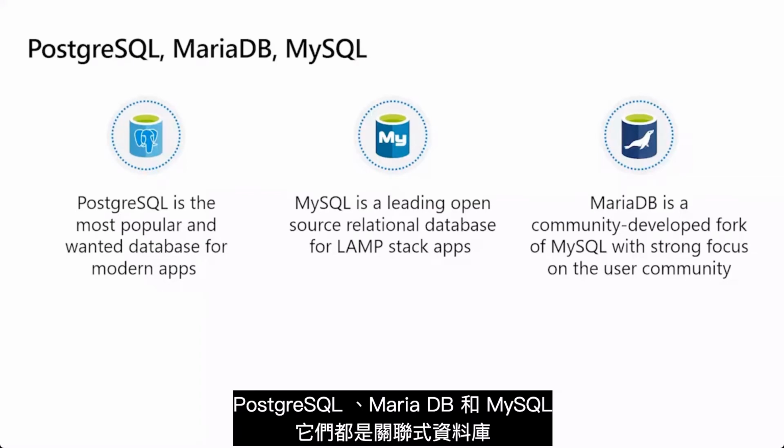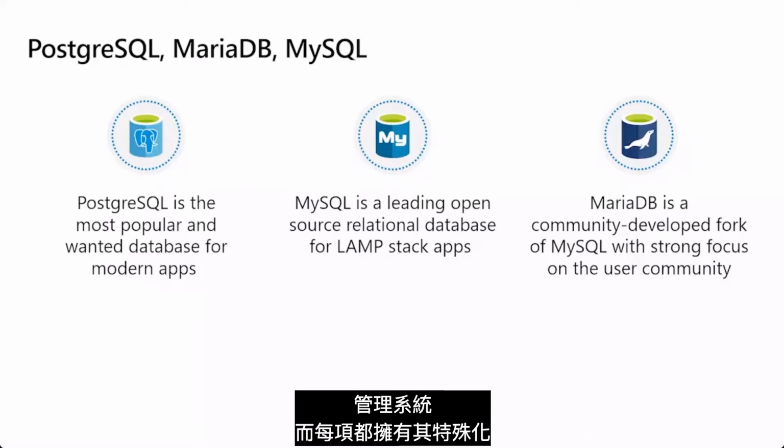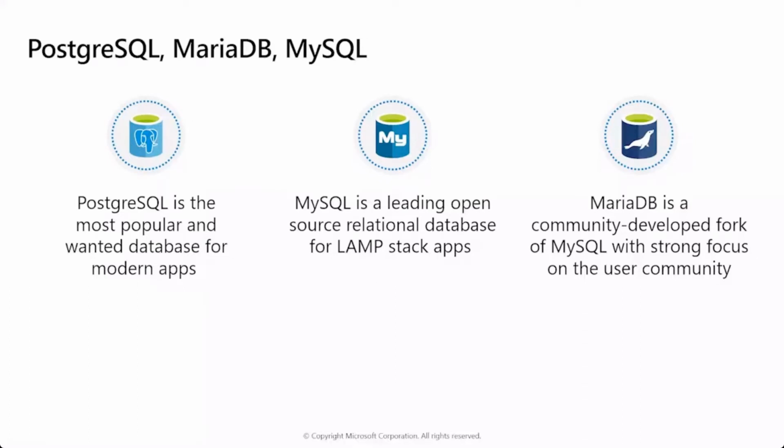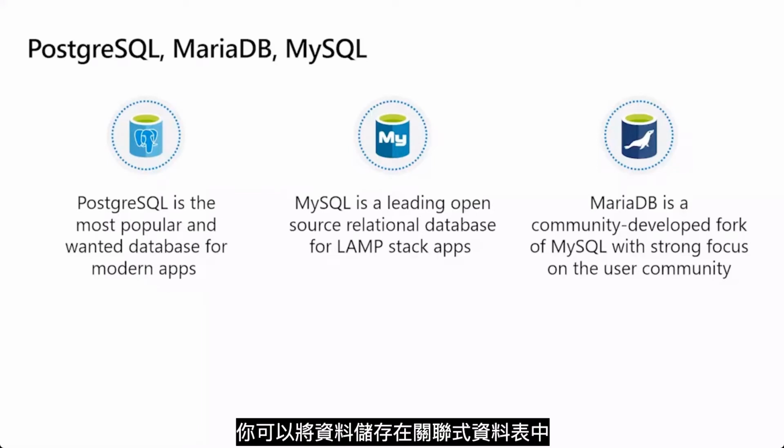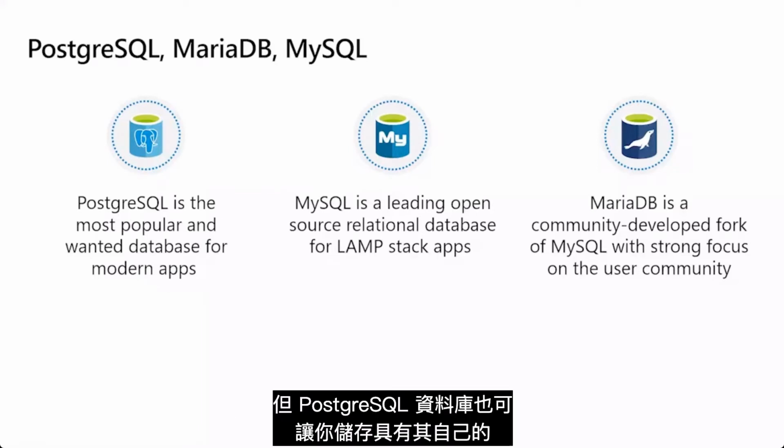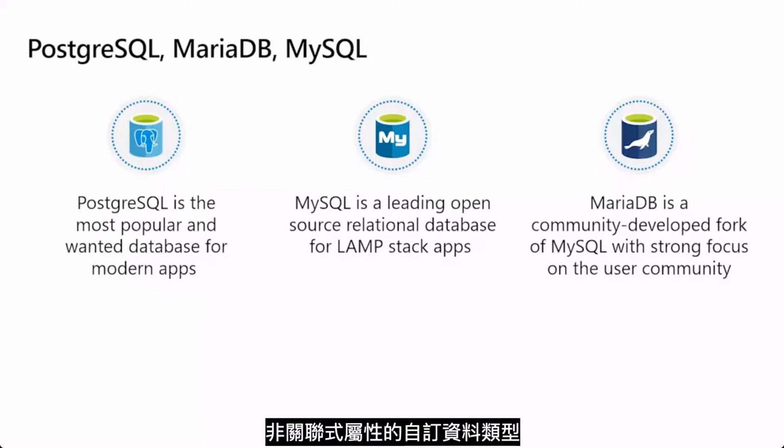PostgreSQL, MariaDB, and MySQL are all relational database management systems, each with their own special tailored features. PostgreSQL is a hybrid relational object database. You can store data in relational tables, but a PostgreSQL database can also enable you to store custom data types with their own non-relational properties.